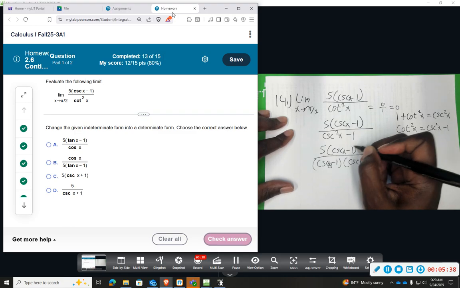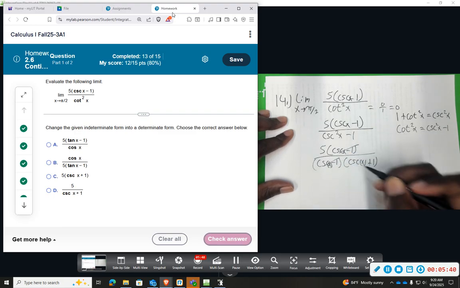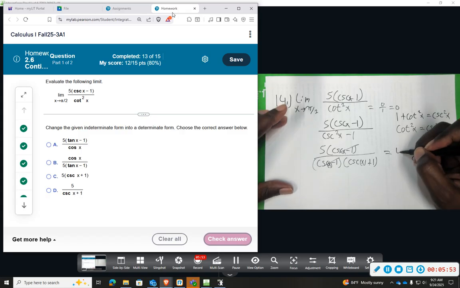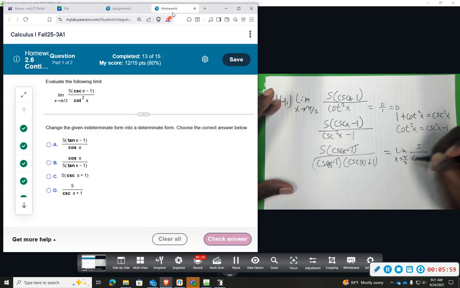The cosecant x minus 1 factors will divide out, leaving us with 5 divided by cosecant x plus 1. Now we're going to take the limit of this reduced function as x goes to pi over 2.